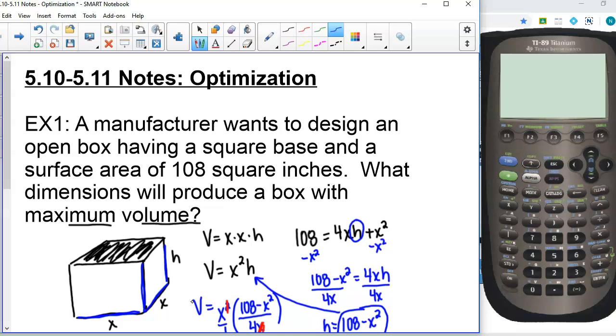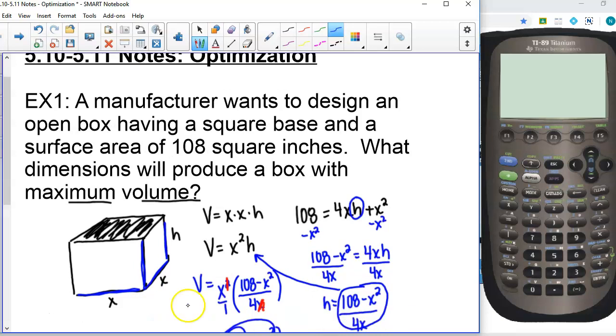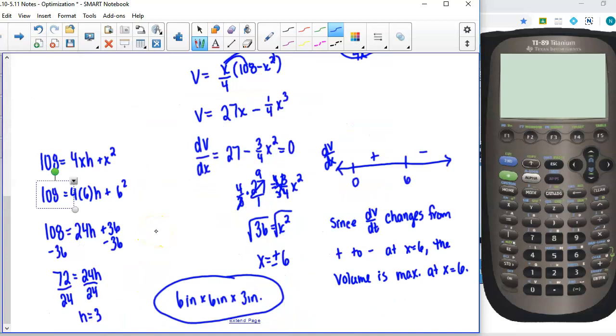Although sometimes I'm pretty sure some marketing companies do the opposite, and they want their package to look big. They want surface area to be maximum, but volume to be minimum, so they don't have to put as much stuff in it. For example, like I was telling you, anything cone shaped is always sort of a ripoff, because a cone is only a third of a cylinder. So if you have a cone shape, it's a third of what it would be if it was just a cylinder.